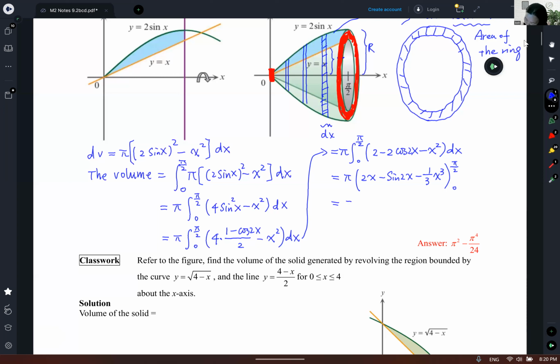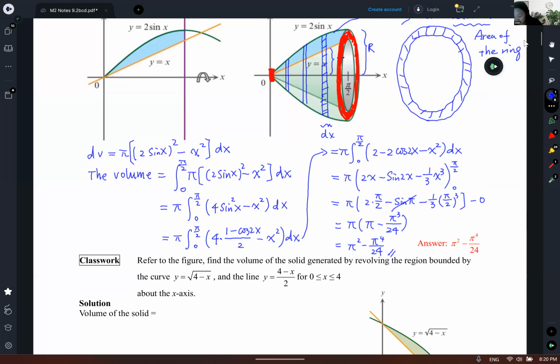And then I put the value in: 2 times pi over 2 minus sine pi, which is 0, and then minus 1 over 3 times (pi over 2) cubed. Minus 0, because the second substitution is 0. So the answer is pi squared minus pi to the power 4 over 24. And then it's done.